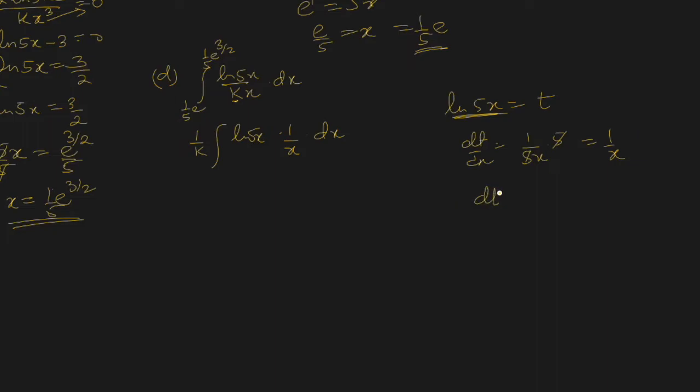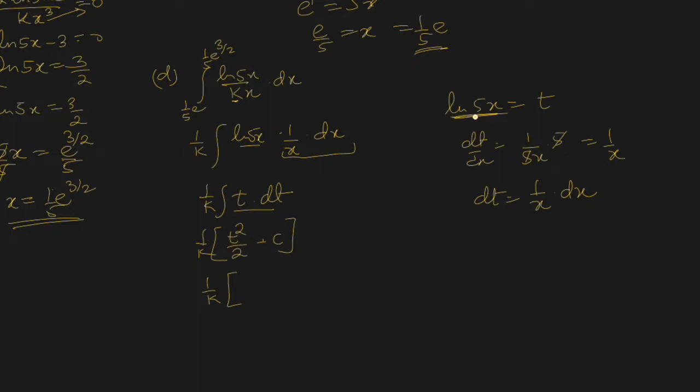That means dt will be 1 over x dx. And in our question we have 1 over x dx. And we have ln 5x also. So it becomes 1 over k t dt. Yeah? And integration of t is t square over 2 plus c. 1 over k. This is the integration. And now we will bring back everything we assumed.